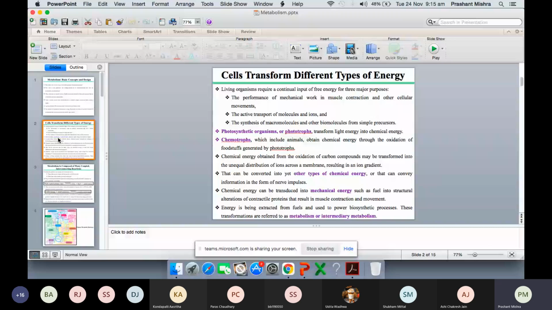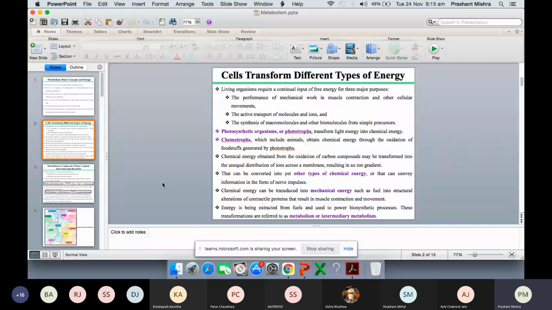So this chemical energy, which is in the form of some carbohydrate or protein or anything, when the bonds are broken, is transformed from chemical energy to mechanical energy, and this energy brings about structural alteration in proteins. There are contractile proteins, actin and myosin, present in the muscle. They result in muscle contraction and movement.